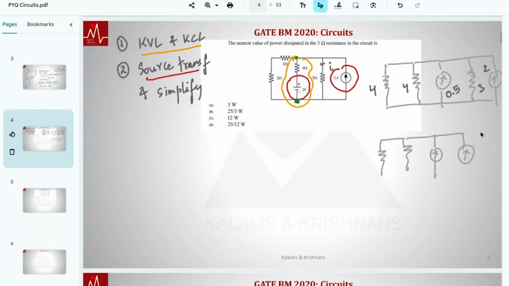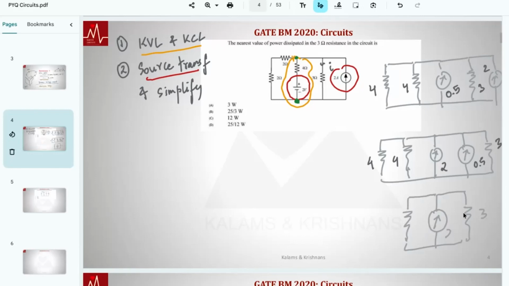In the second option, let's make this 2, this is 0.5, and this ohm is 3. The third option is, let's say, we have a 3, a 2.5, and a 2.